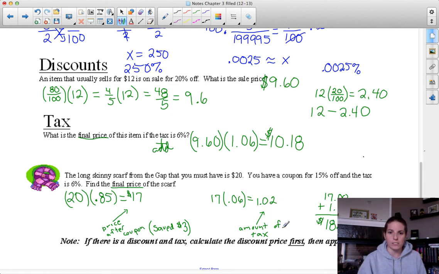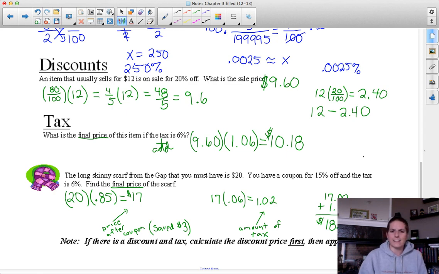The amount of the tax was $1.02. I paid $1.02 in taxes to make my final price $18.02. Now you could have done this problem very quickly, but they asked you some intermediate questions, and I know I do on the test. So make sure you know how to answer all the little questions in between and not just how to get to the final answer. Make sure you really understand where that answer comes from.